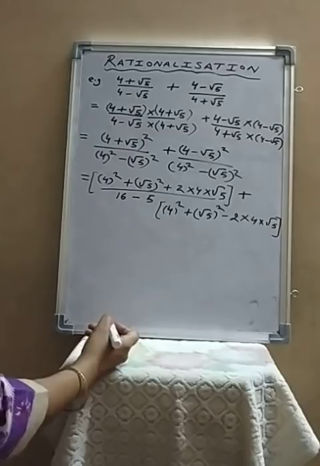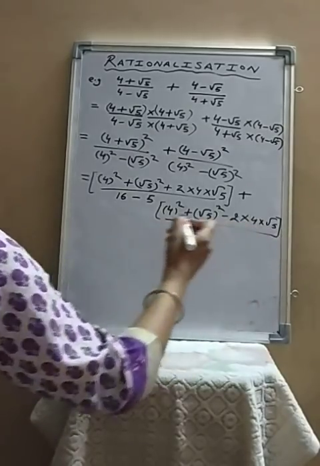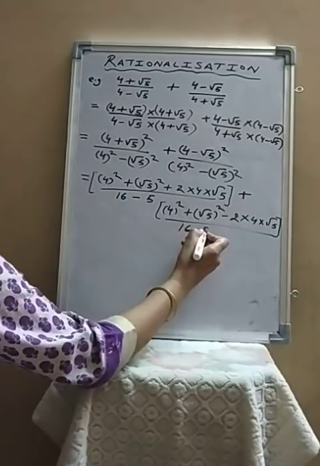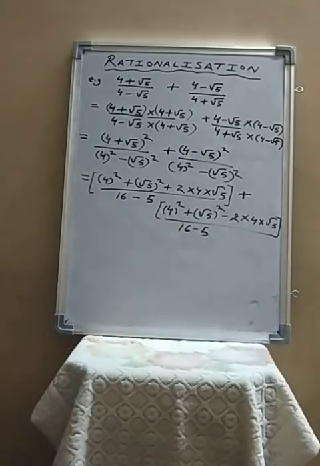And in the denominator, we have 4 square is 16 minus 5. So we have used all three identities in this question. So mention them separately on the right hand side. I am not writing here because of lack of space, but you have to mention each identity whenever you use it.